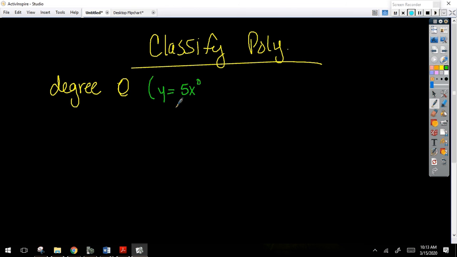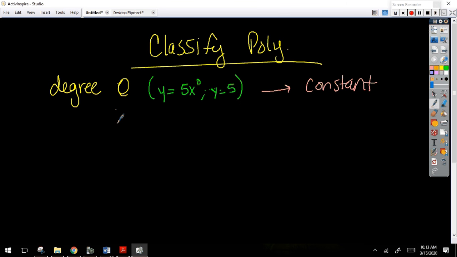Well, anything to the 0 is 1, so this is the same thing as y equals 5. Okay? We call this a constant. There is no variable in it. It's always the same. All right? And we're only going to go up through probably 4 on this.